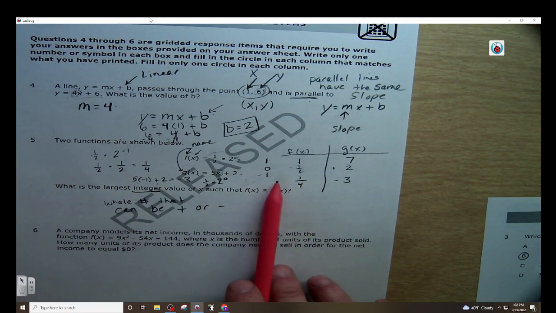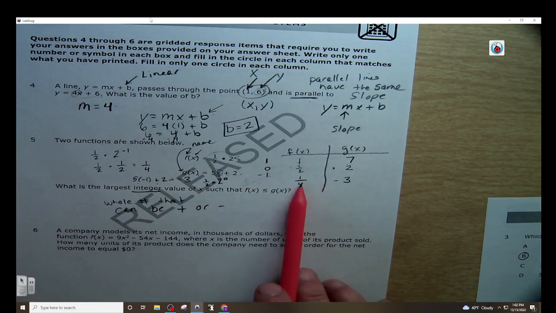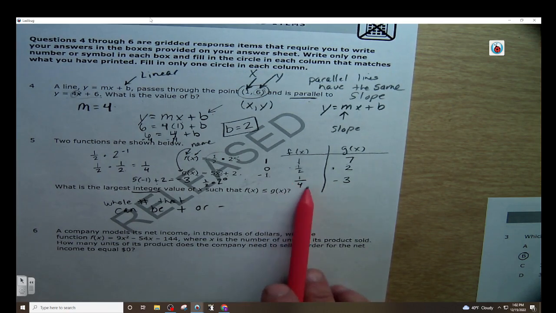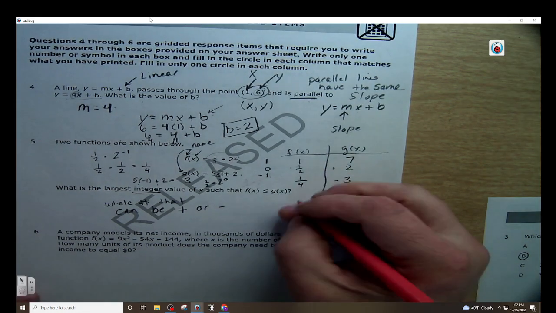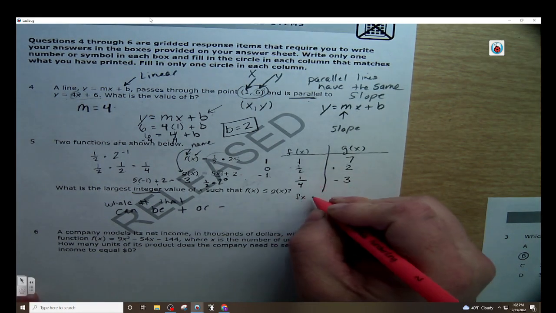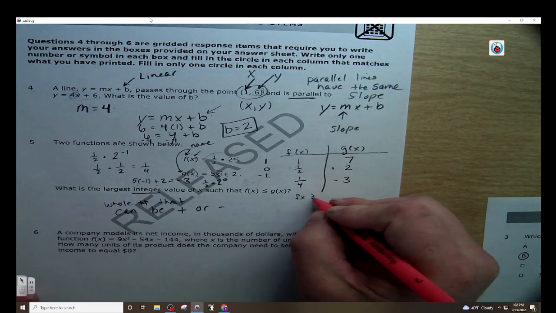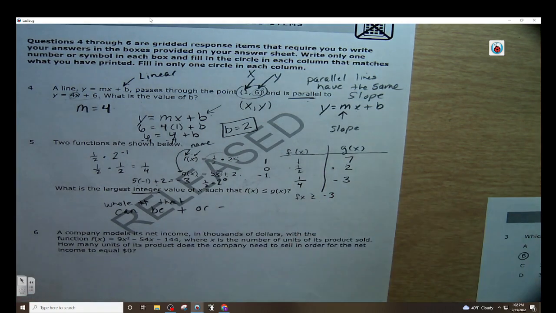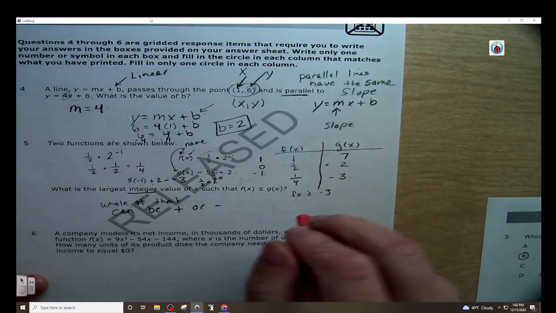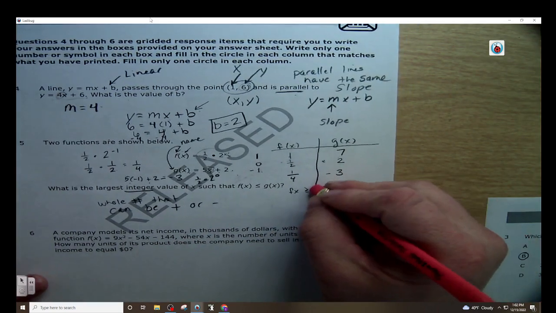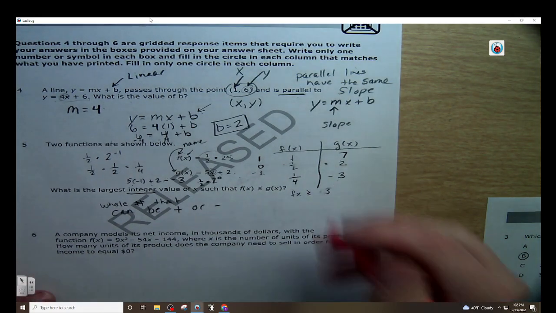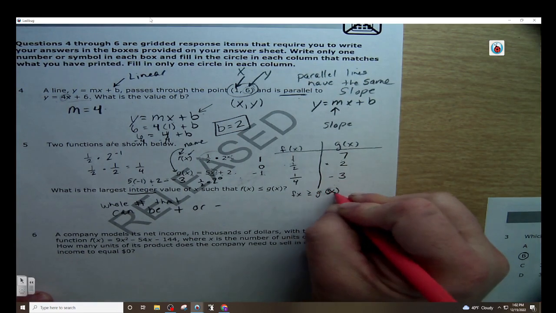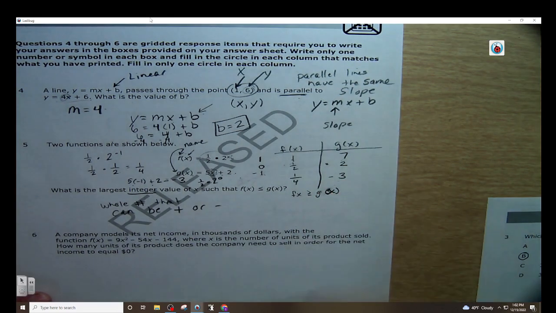Well, looking here, guys, notice that f of x is now positive 1/4, which is larger than -3. So f of x is now greater than g of x.